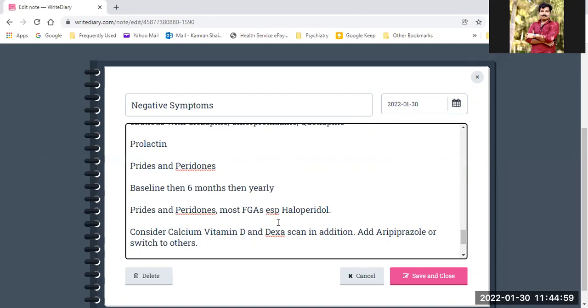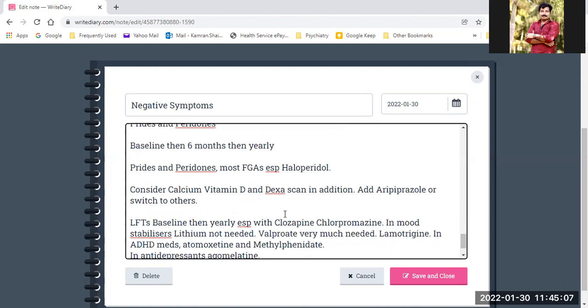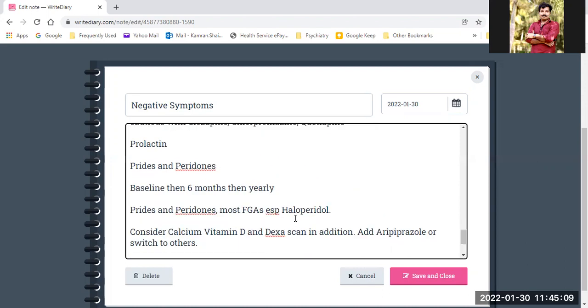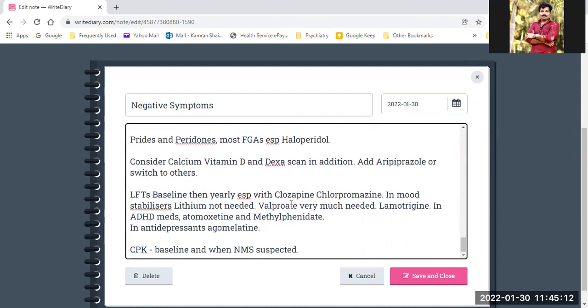First generation antipsychotics can also cause hyperprolactinemia, and one of its complications is osteoporosis. So it is worth doing a DEXA scan in patients in whom the prolactin level is consistently high, and also consider aripiprazole augmentation or adjuvant therapy, because aripiprazole will bring down the prolactin levels somewhat.